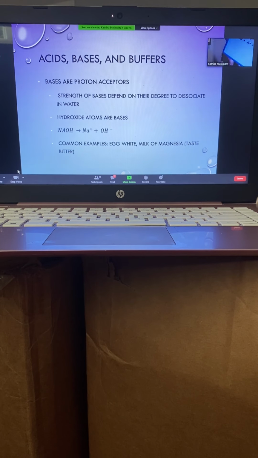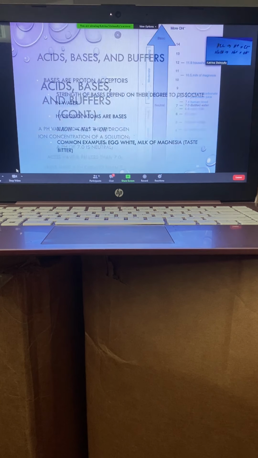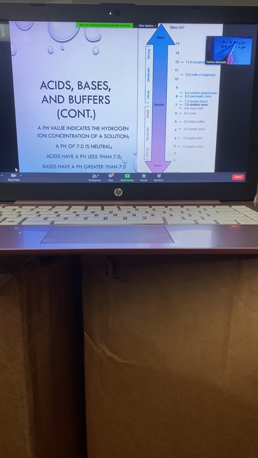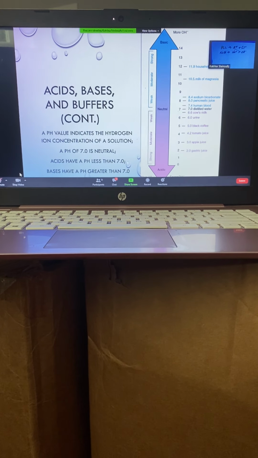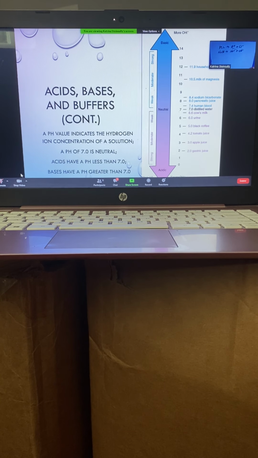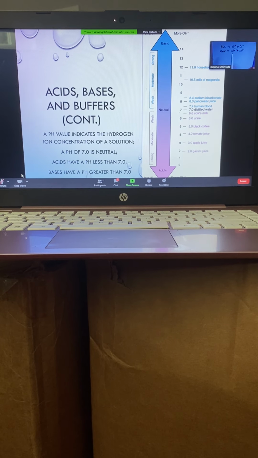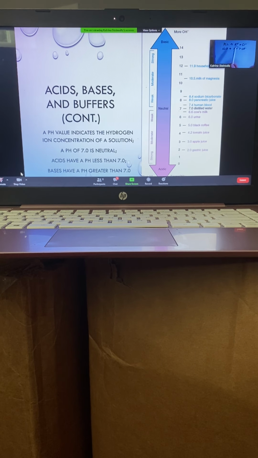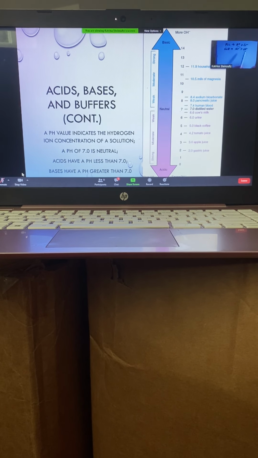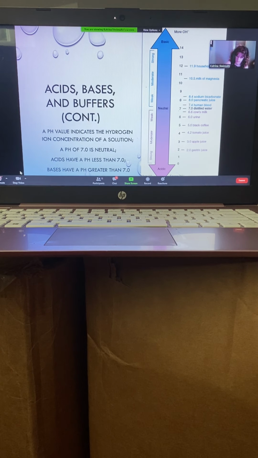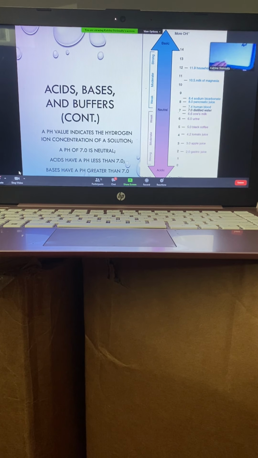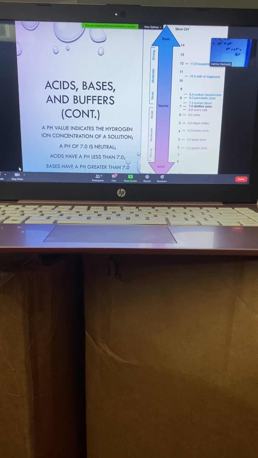If we had these two different substances, the hydroxide would accept this hydrogen ion. They're looking for each other. And they combine, so you take H plus and OH negative, and you combine them, and you essentially get good old-fashioned water.